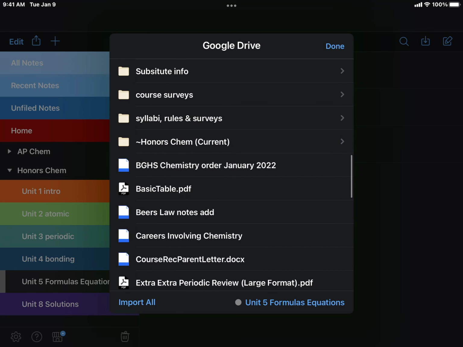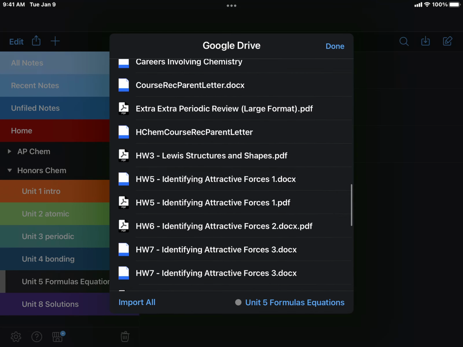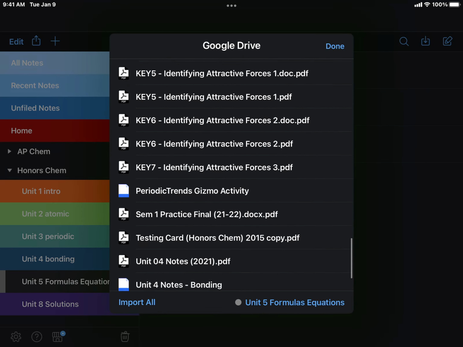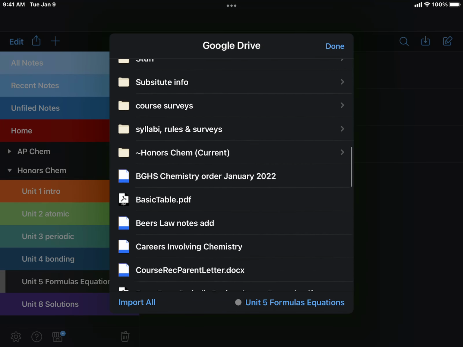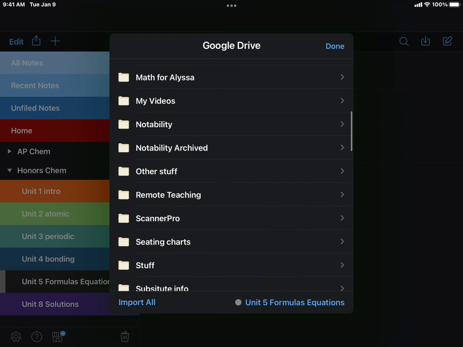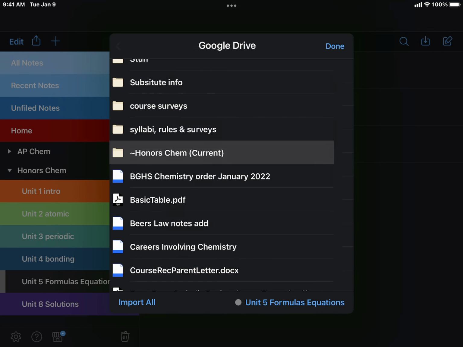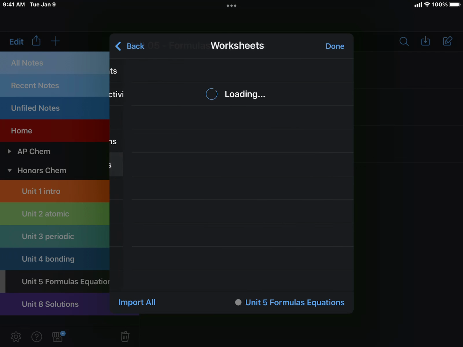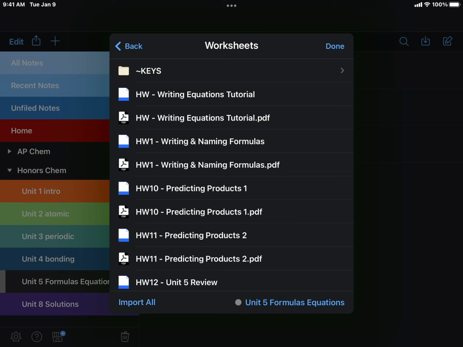And then we're going to reconvene and check them together before we do the next section of notes, just to make sure that you've got this. So homework 1, writing and naming formulas.